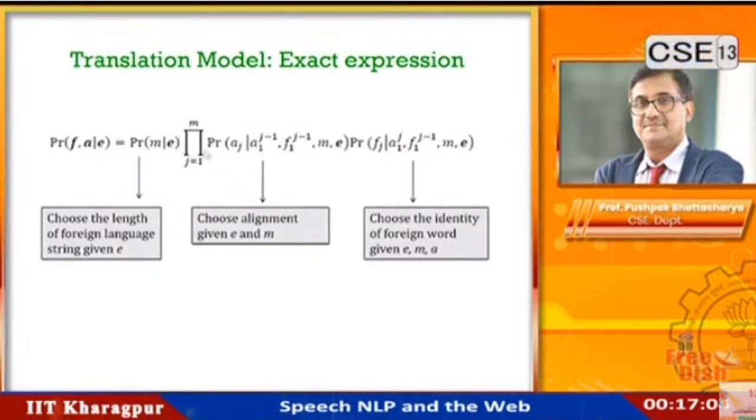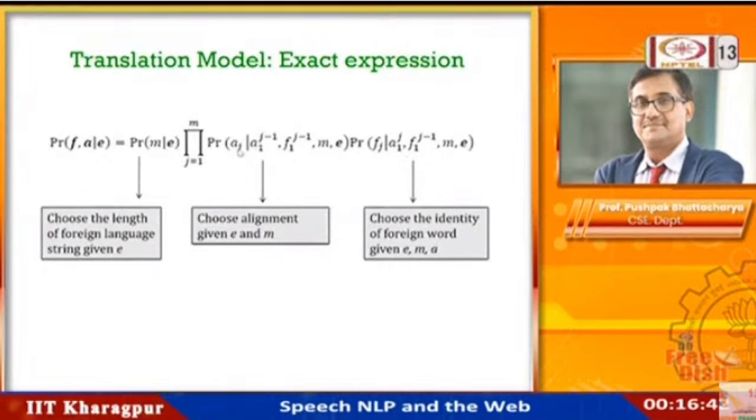Let's not worry about M right now. We'll see how it came. So you have E already in the conditioning part, and these AJs in the conditioning part are coming because of the chain rule.